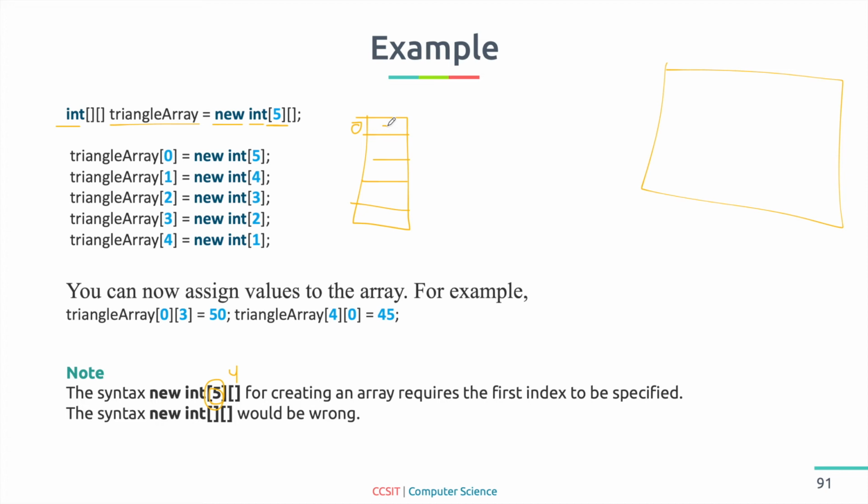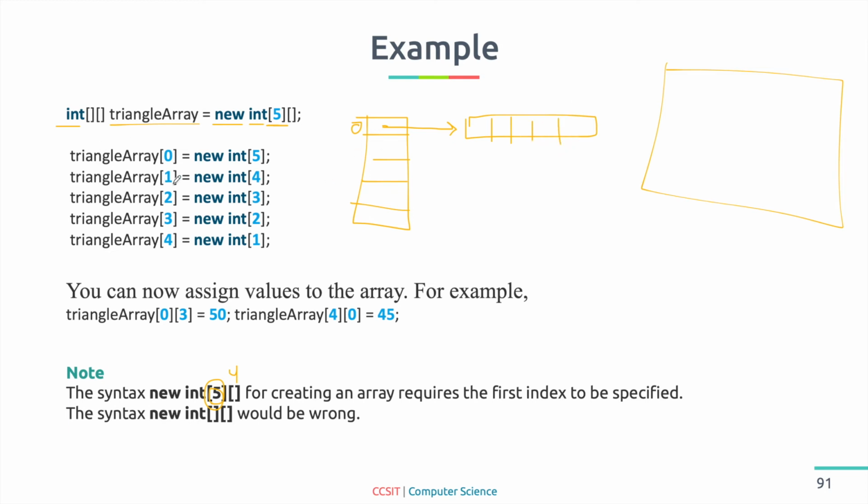The way that the memory sees it, or the way that Java translates this to the RAM, is that at index 0 of a 2-dimensional array, we will reference it. So the triangle array at index 0 will hold a reference to a new array that has a size of 5.